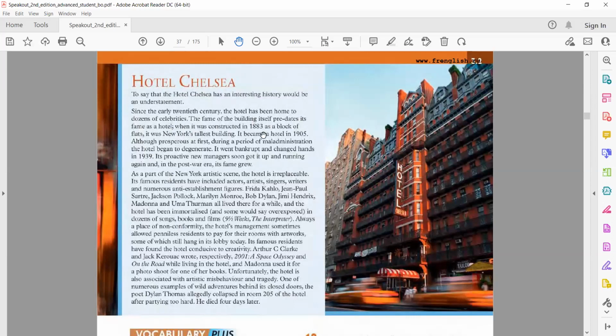No, it said New York. It was New York's tallest building. You can see it here. But America has many names similar to Britain. York itself is a city in Britain. They have so many things in common. Oh, wonderful. Thank you. You're welcome.